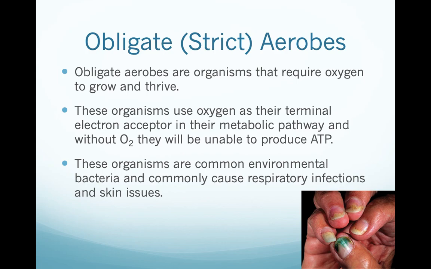These guys obviously have the ability to get rid of the toxic byproducts from oxygen since they live in a highly oxygen-rich environment. If you look down here, this is a very common infection, something called Pseudomonas. This guy is a very, very strict obligate aerobe and requires large amounts of oxygen to be able to grow.